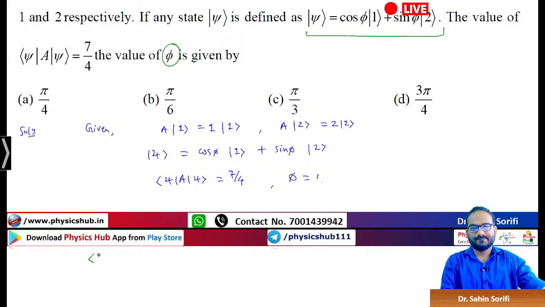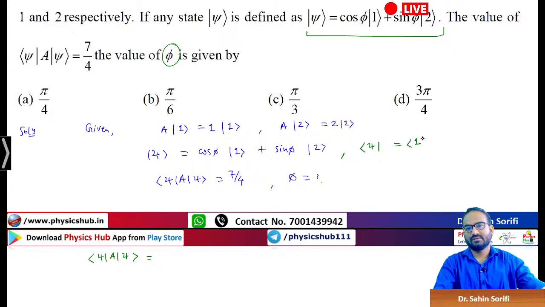⟨psi|A|psi⟩ is equal to bra psi and here you have ket psi. So bra psi will be ⟨1| cos phi + ⟨2| sin phi.